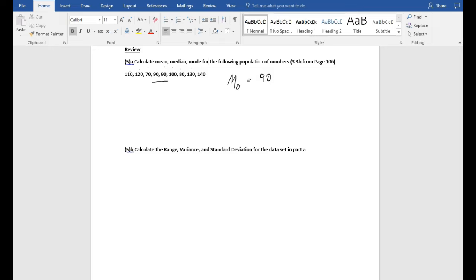So I'll chop off the highest, then the lowest, the next highest, the next lowest, and so on. We're left with 110, 90, so it looks like 100 is going to be our median. Fair enough? Okay, now it's our job to calculate the mean.